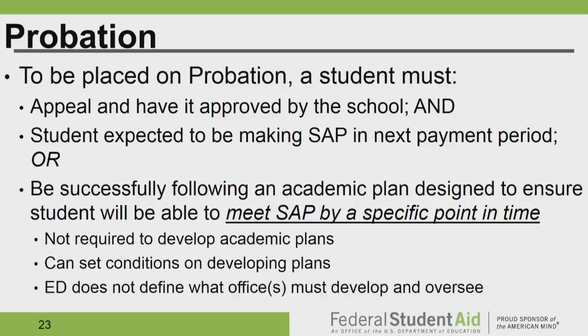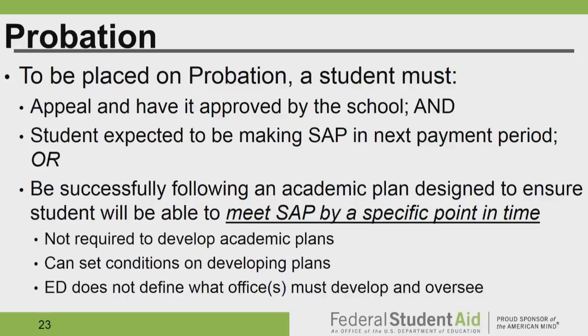Not only do they have to appeal and be approved, but then one of two things must be true. To be placed on probation, either mathematically it's possible for them to meet the SAP standards at the end of the probationary period, which again can only be one payment period, or you've placed them on an academic plan, and that academic plan has a specific point in time that will end.